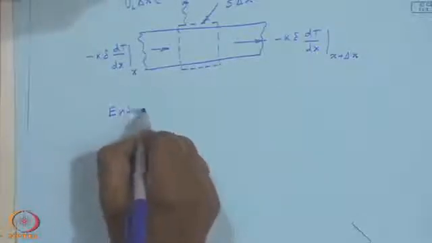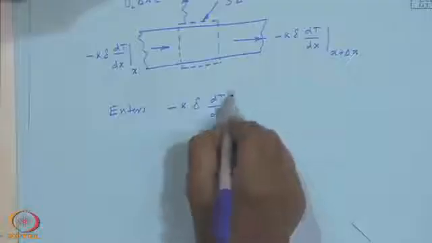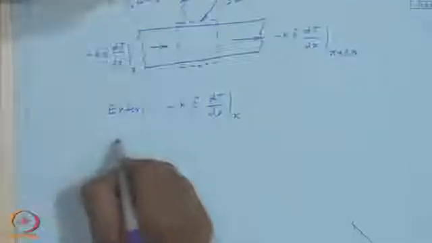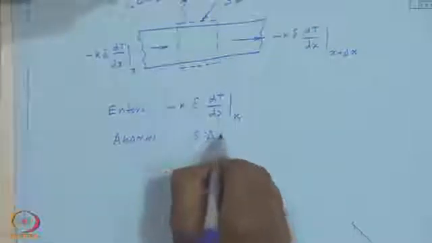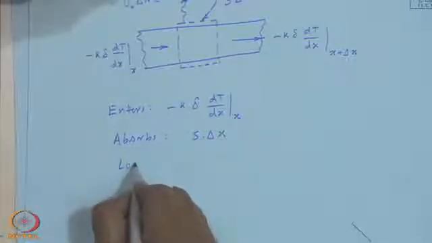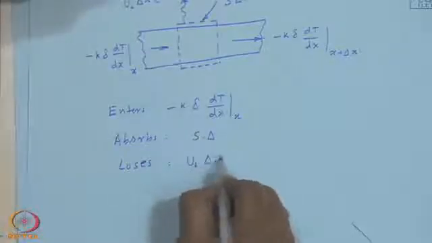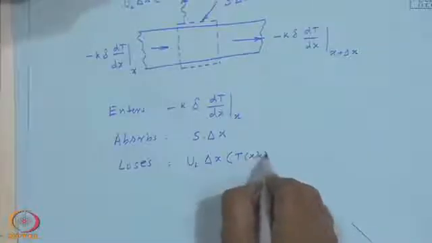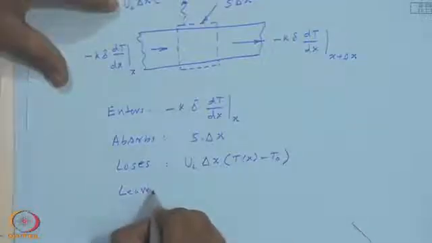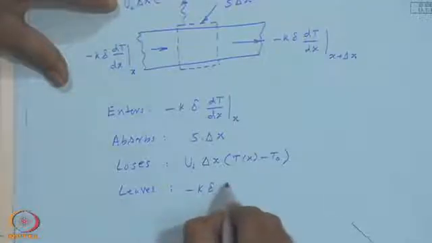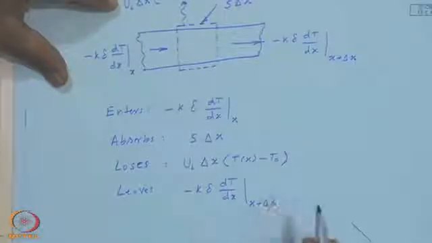So, I can write: enters, minus k delta dT/dx at x; absorbs, S times delta x; loses, U L delta x times T, technically a function of x, minus T a; and leaves, minus k delta dT/dx at x plus delta x.